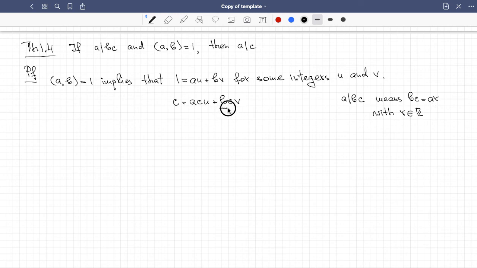So I use it here with this BC and rewrite C equals ACU plus AR instead of BC, times V. And I factor A out. C equals A times (CU plus RV). All four C, U, R, and V are integers, so CU plus RV is some integer.